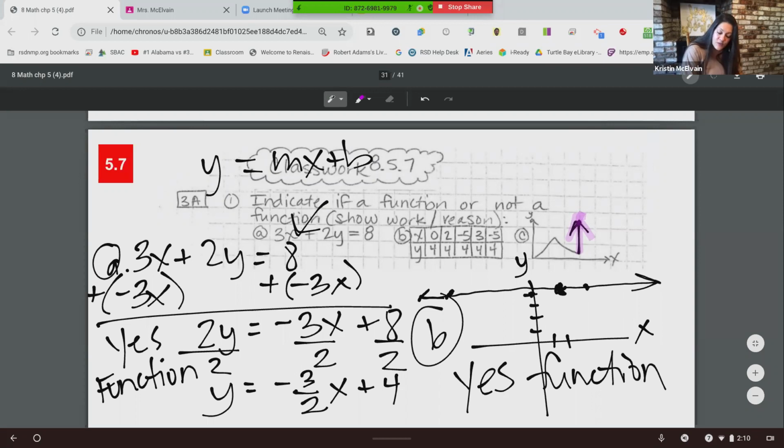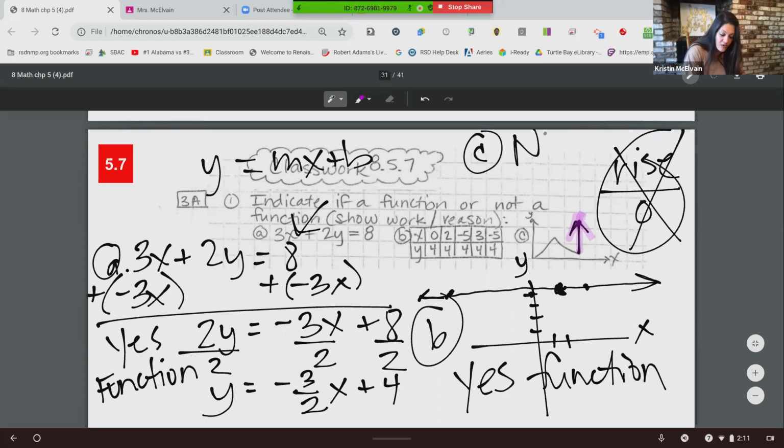You'll see that the rise can be anything, but we can't have it over 0. So no way. C is not a function. All righty, so A and B are functions, C is not a function. A lot of scribbling on this screen. Hopefully your paper looks better.